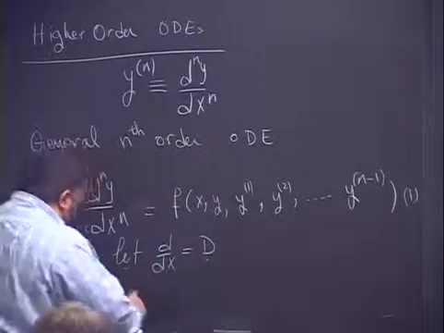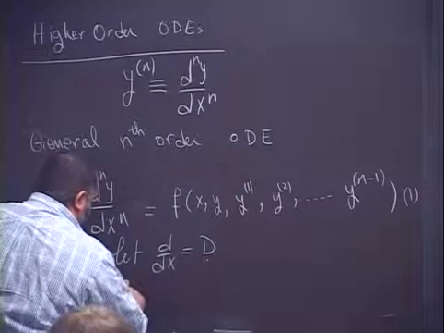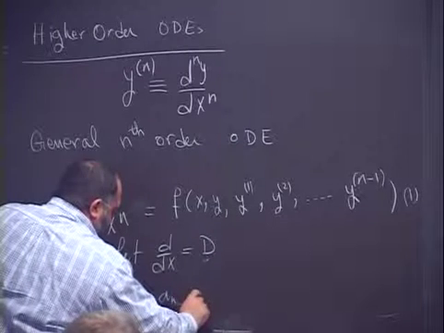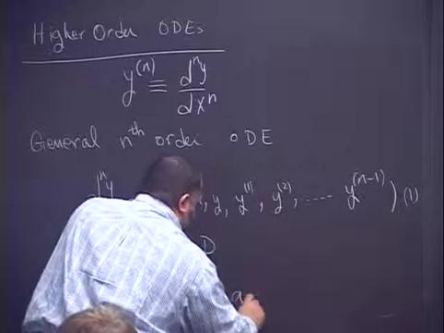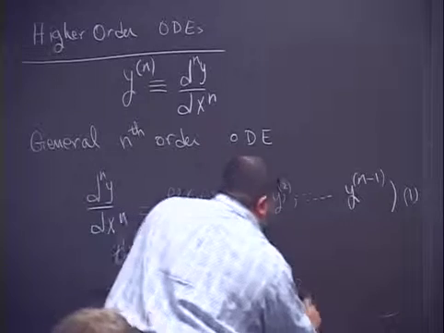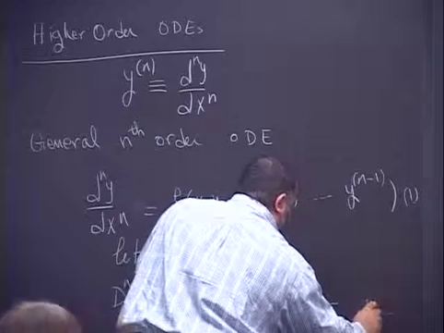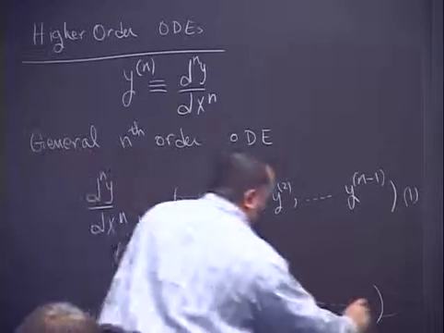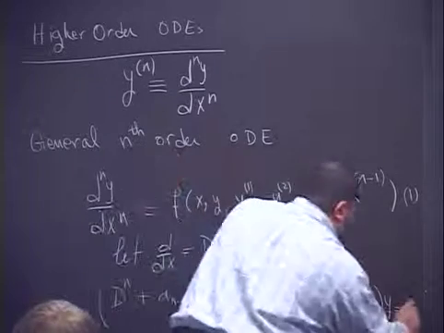We can write the general form of the differential equation as D^n plus a_(n-1) D^(n-1) plus a_(n-2) D^(n-2) plus up to a_0, all operated over y, equal to g of x.